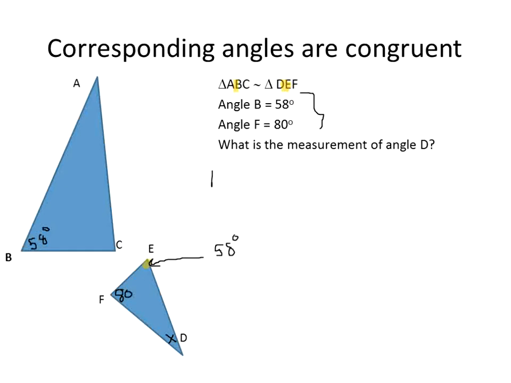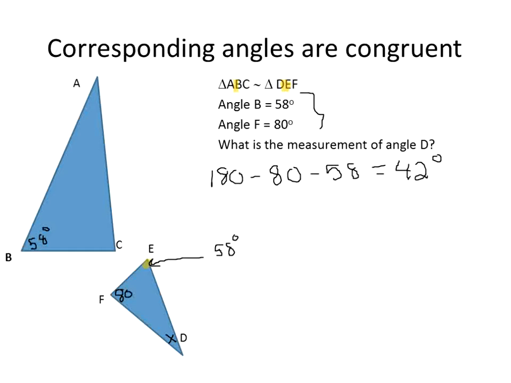Now I have 2 out of 3 angles, and I can take the 180 degrees that I have to spend around on my 3 angles there, kind of like a budget of degrees, subtract out what I've used, and I get 42 degrees.